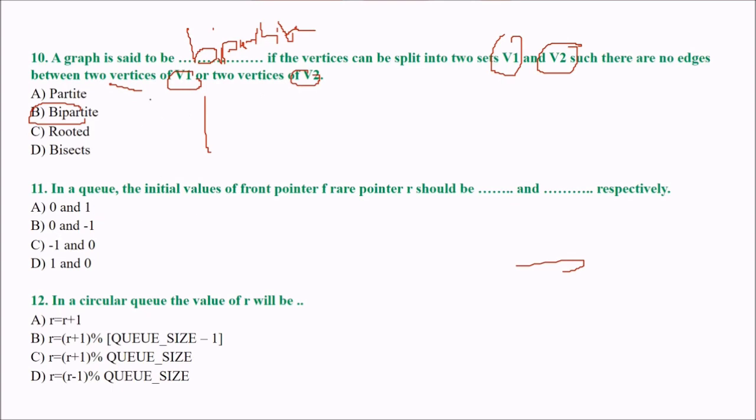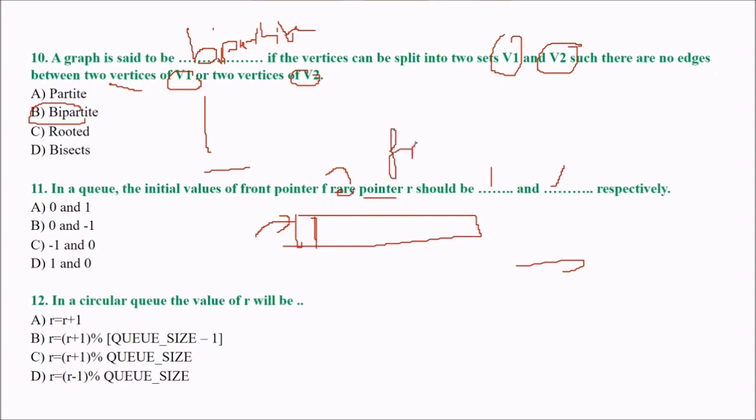Next is, in a queue, the initial value of the front pointer F and the rear pointer R should be dash and dash. What are these values? Front and rear.